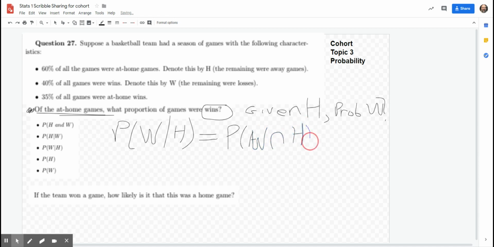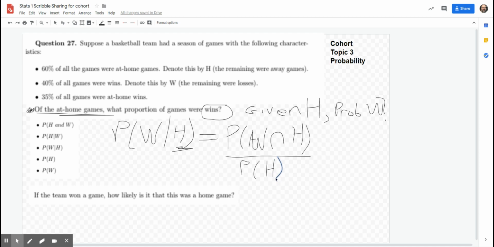And remember, our given is it's a home game. So of course we can't find the proportion of win and home out of everything. We need the proportion of win and home out of home games. Home games are not everything, but we're under the condition. We know it's a home game. What's the chance that it was a win?